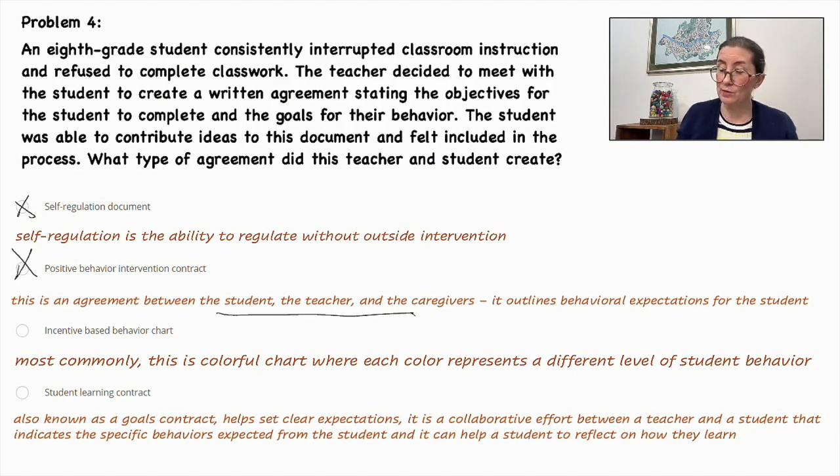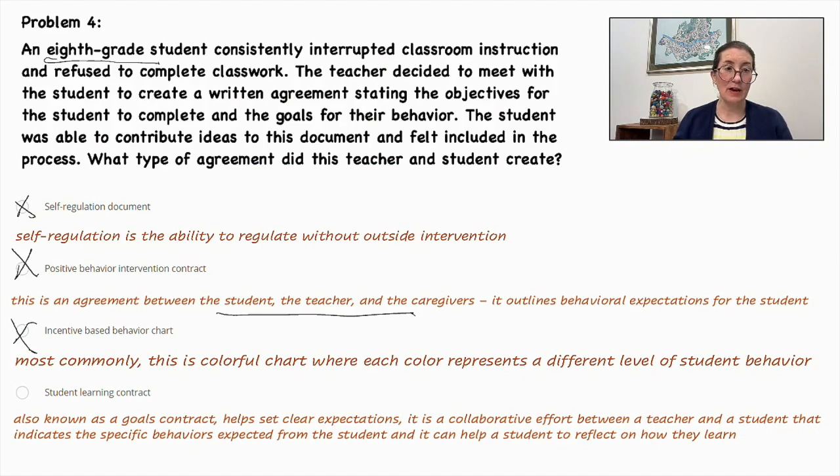So this won't be it either. Next, we have incentive-based behavior chart. Most commonly, this is a colorful chart where color represents a different level of student behavior. So not appropriate necessarily for an 8th grade student, and it's not an agreement, so we can eliminate that one as well.